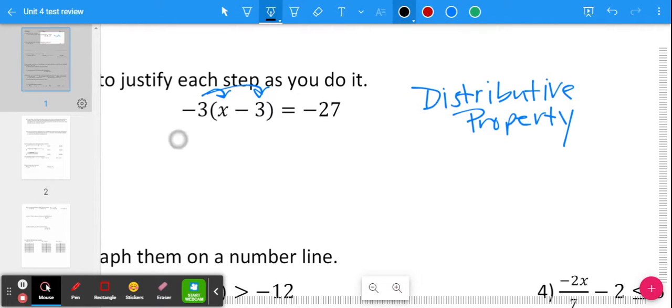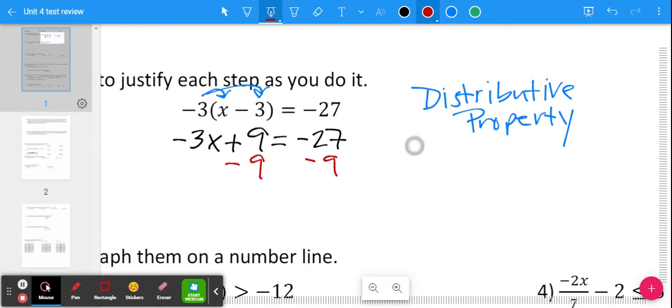And your result would be -3x plus 9 equals -27. So from there, we have to get rid of the constant first. So we subtract 9 from both sides using the subtraction property of equality.